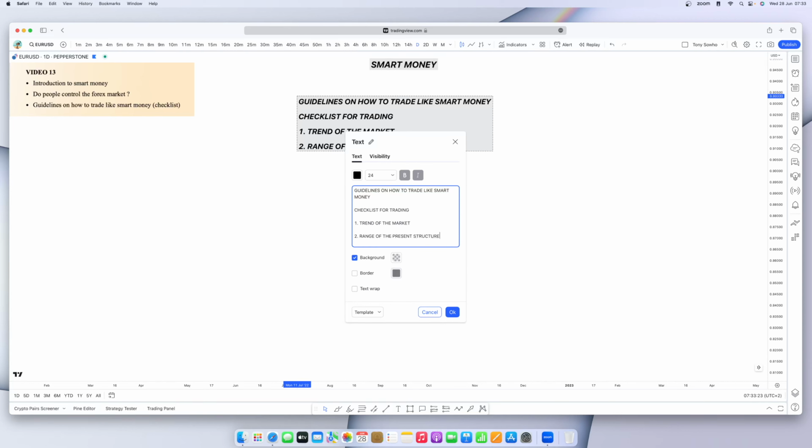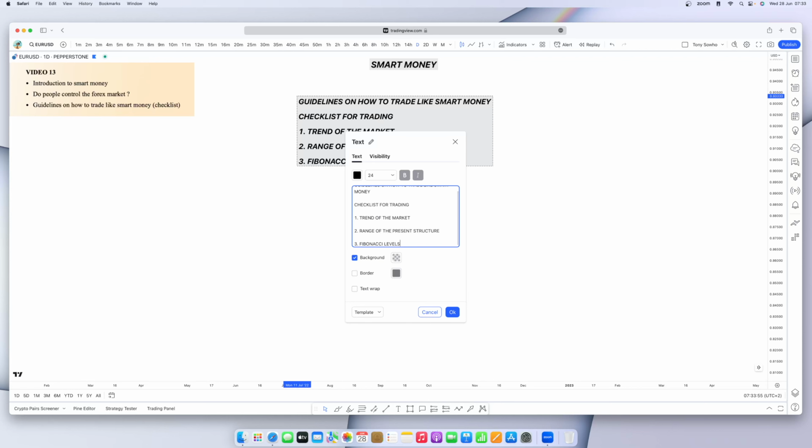Then number three is the Fibonacci levels. With an idea of the trend, you can draw your range, and after drawing your range, it helps you spot your Fib levels. Are you buying at a discount level or at a premium level?